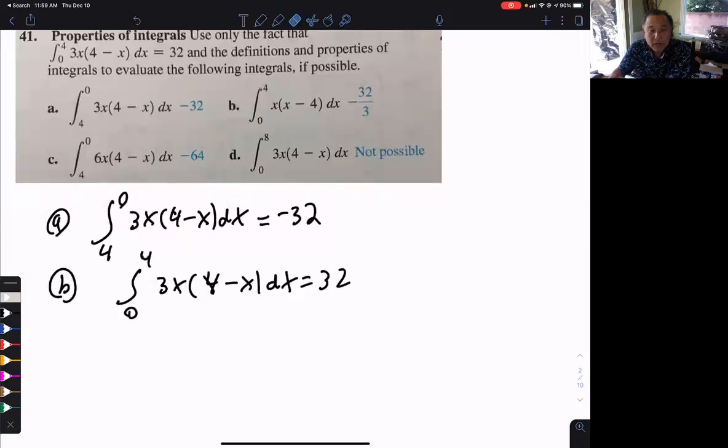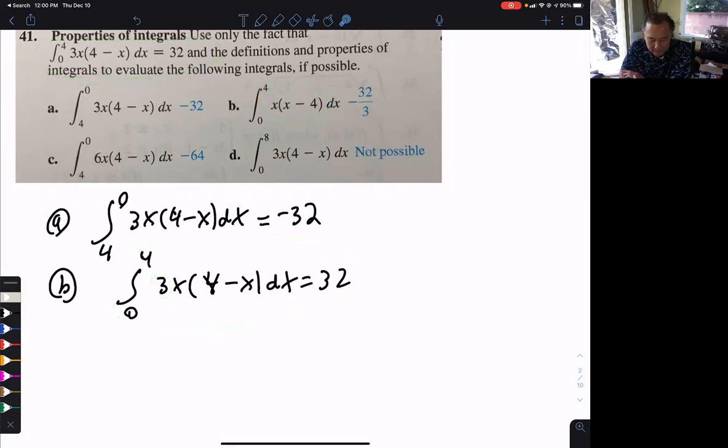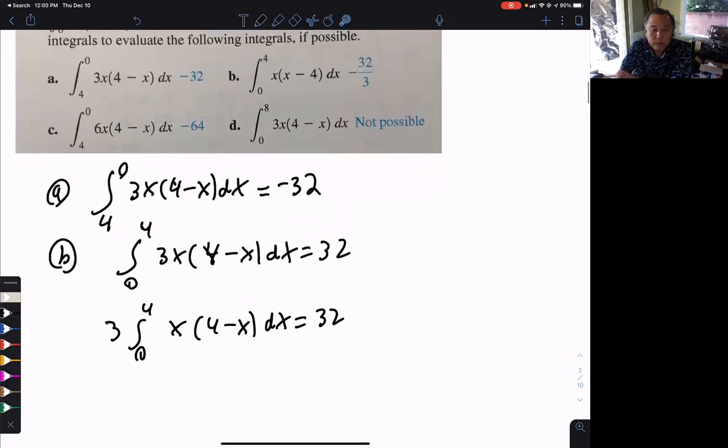Okay, fresh start. So part B, we look at this. We're going to start with what was given, but we want to end up with this. So we don't want the 3 there, but we have a rule. We're allowed to factor a 3 out. And we're going to get this. But we have one more problem.